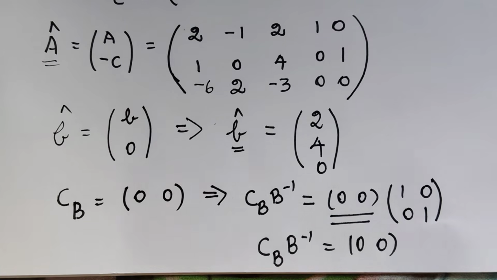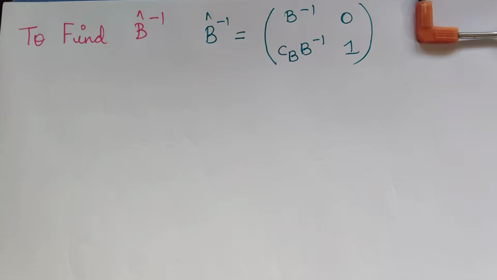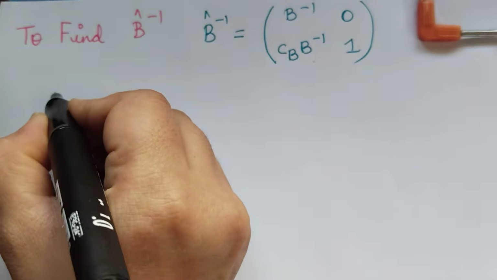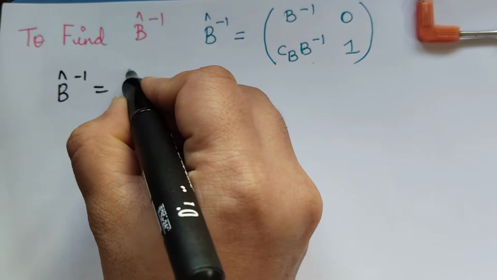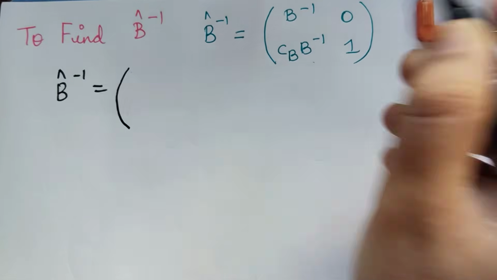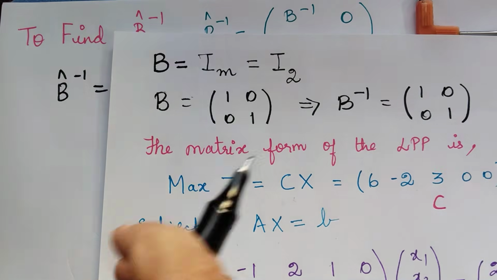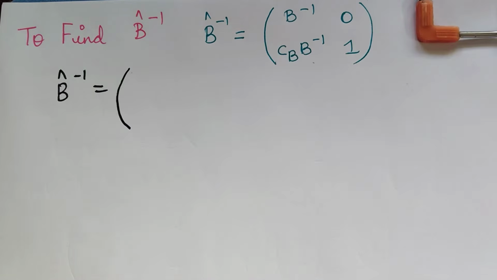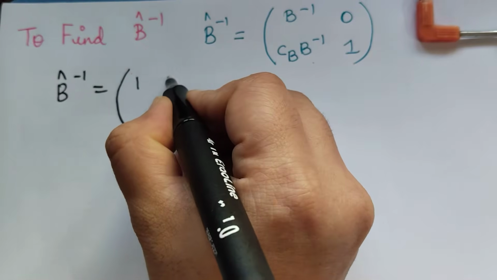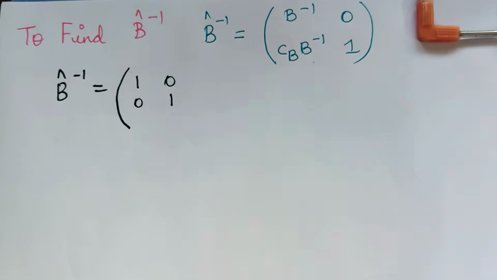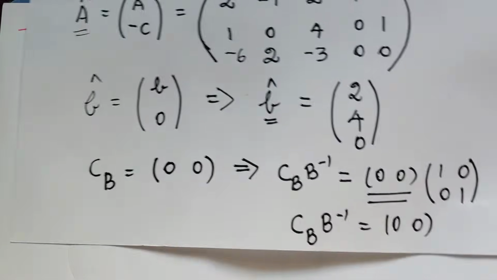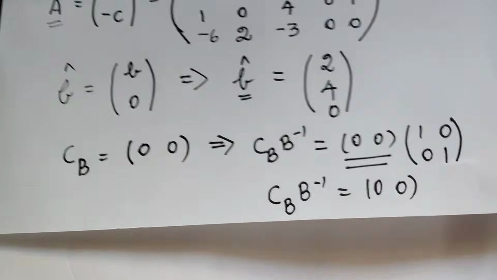Now using this we can find B cap inverse. So I have written B cap inverse over here. B cap inverse will be equal to the matrix. First is B inverse. What is B inverse? We know that it is 1, 0, 0, 1. So we can write that, 1, 0, 0, 1. And then here we have CB B inverse, that matrix we just now found.